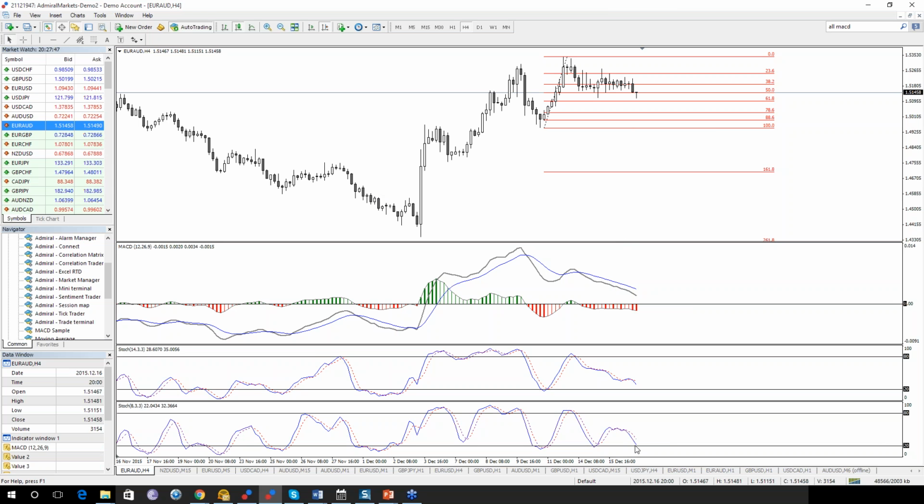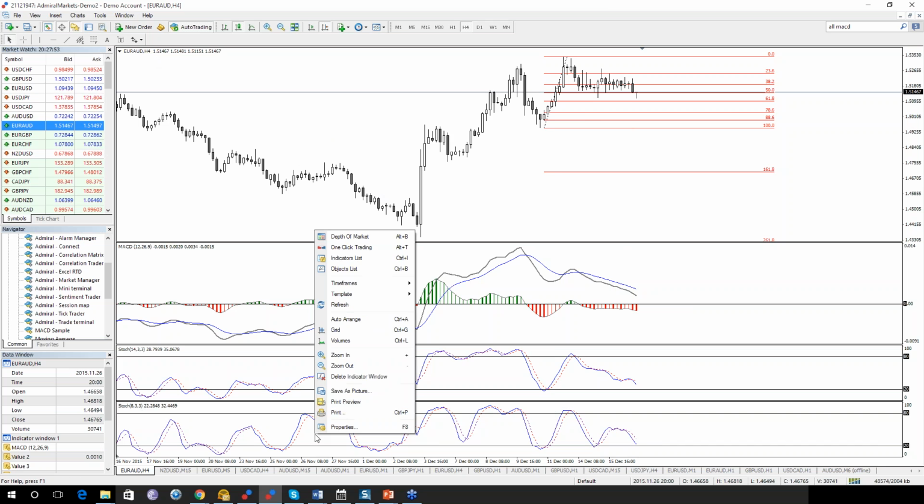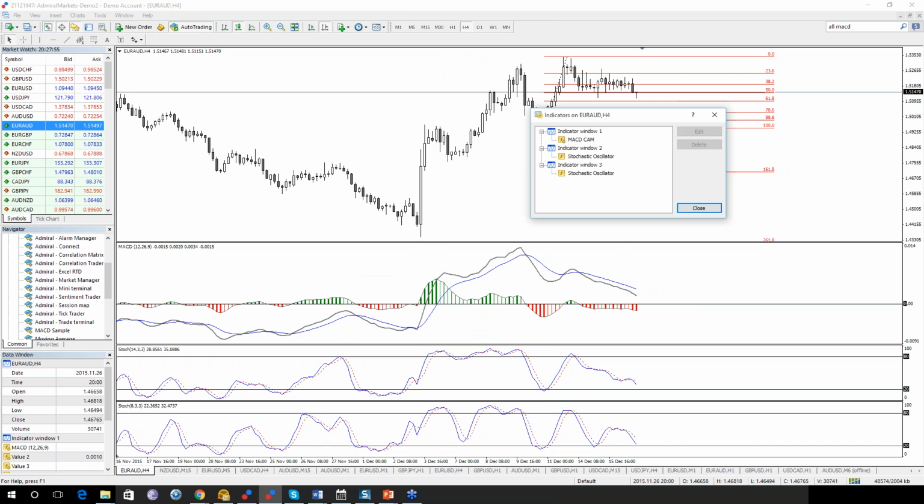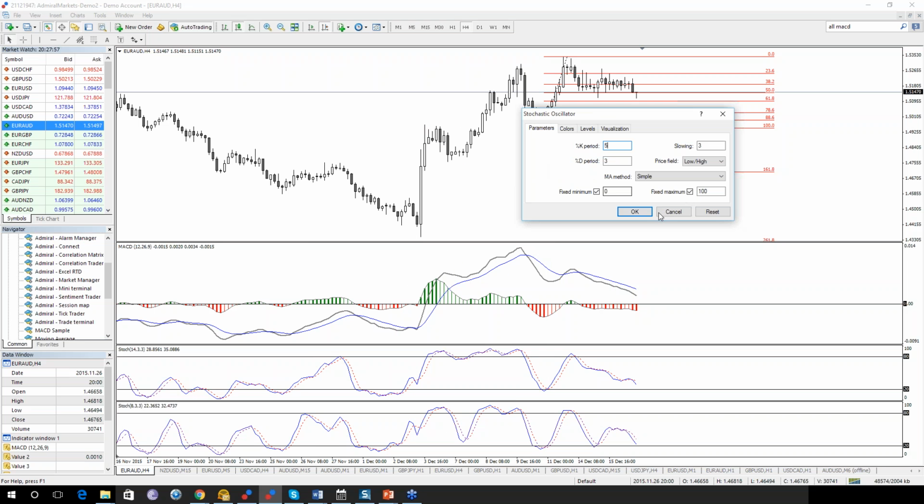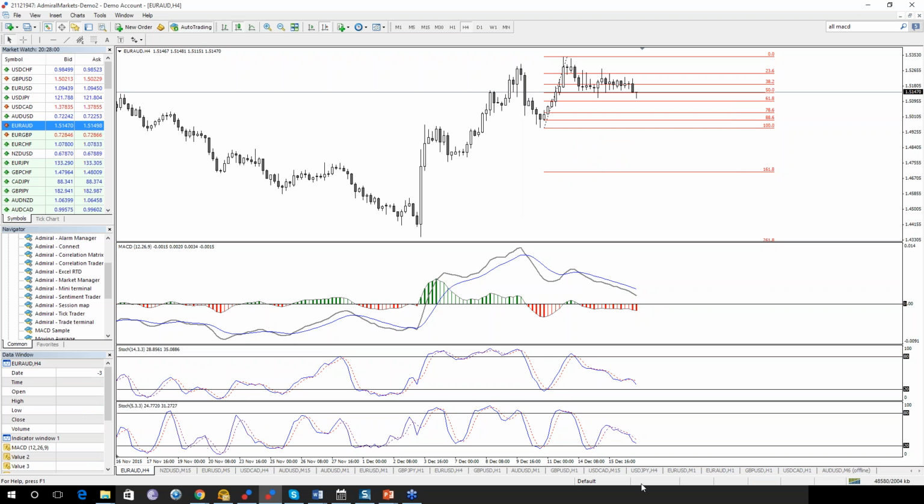What is stochastic actually showing us? For example, here, if we put it to 533 settings, you will see that 533 is still above 20. So for the 4-hour time frame, we could also maybe use 533. It's still subjective. We need to test it.